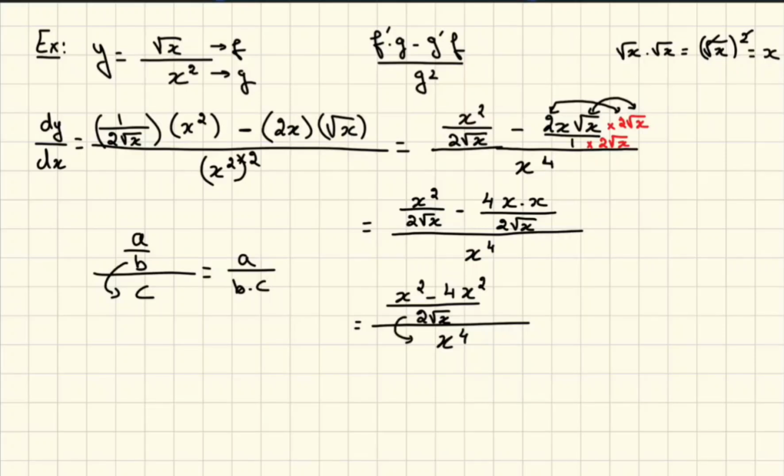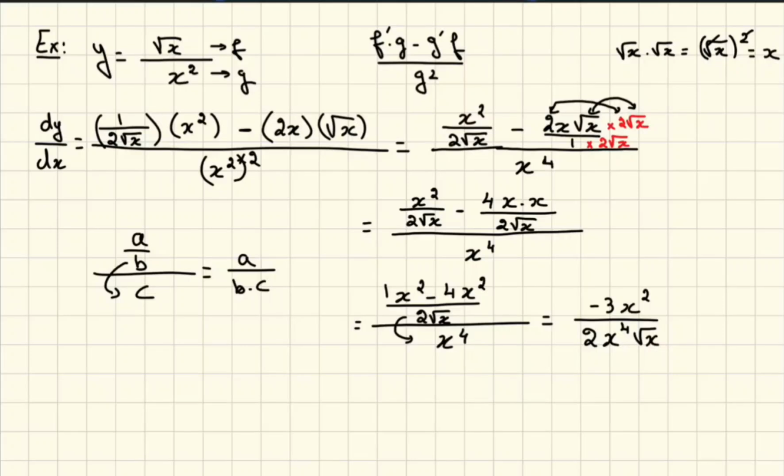You are allowed to take this down. So this is the fast way. X squared minus 4x squared, as if you are doing 1 minus 4, so it becomes negative 3x squared, over 2 radical x times x exponent 4. I will write it as 2 times x exponent 4 times radical x.